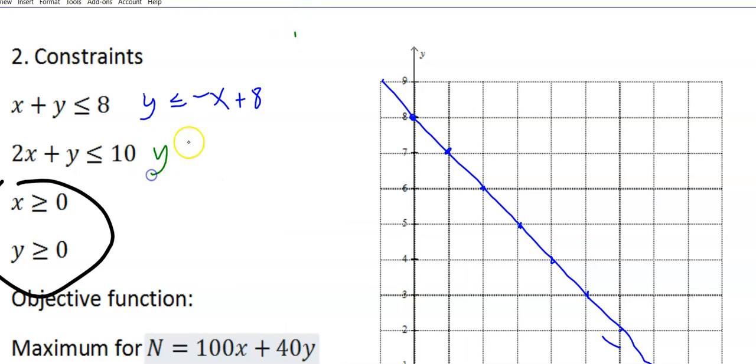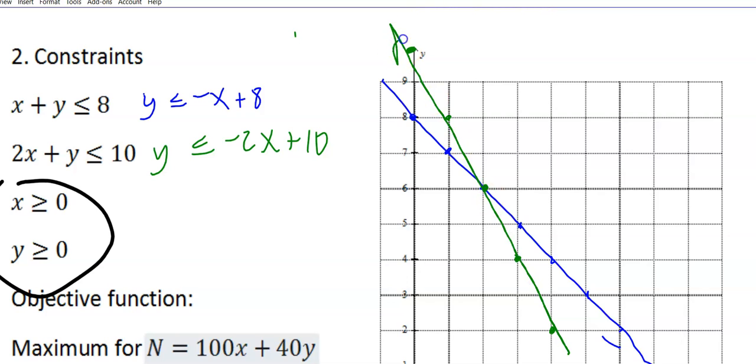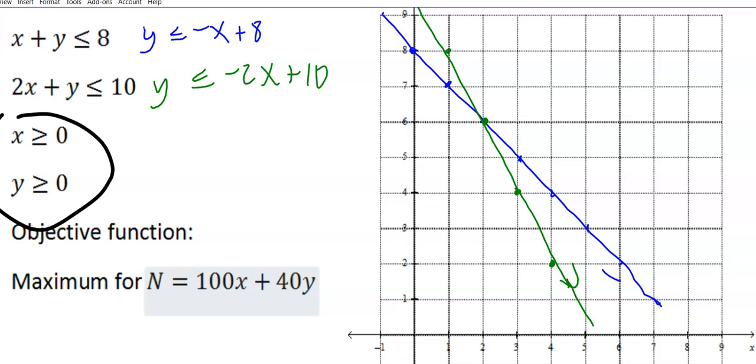This is y is less than or equal to negative 2x plus 10. 10 is right up here somewhere. Negative 2 over 1, negative 2 over 1. I'll go all the way down to the bottom there. Oh, it goes right to here, doesn't it? That's nice.